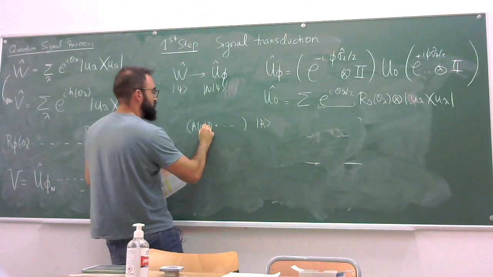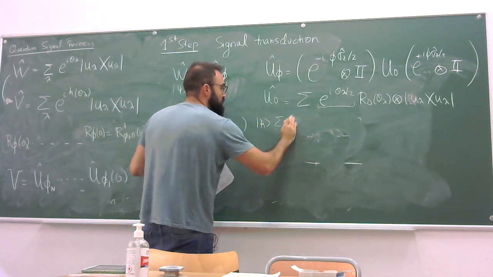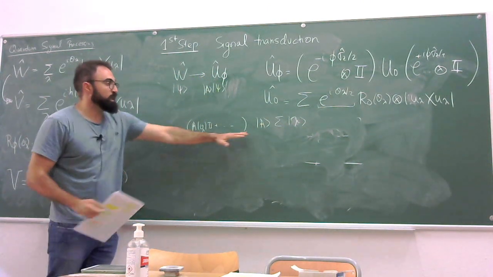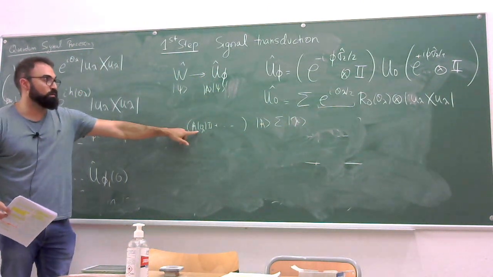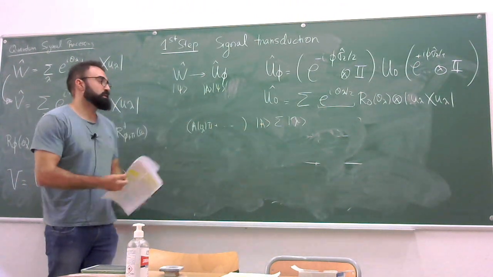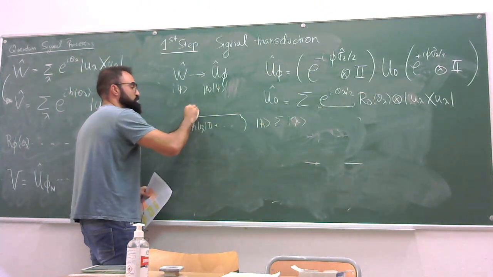Actually, this is conditioned on lambda. So basically, we have applied a conditional function of lambda into the ancilla, and this is the sequence of rotations that I introduced before.